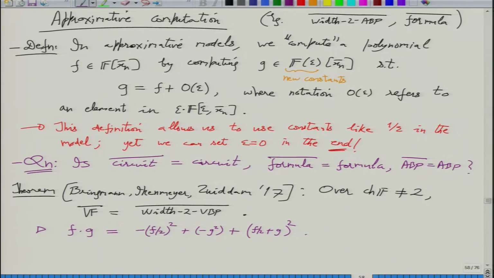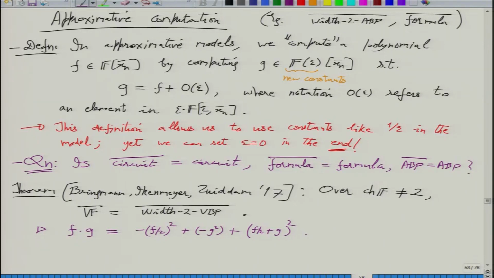So product actually reduces to sum of squares, and nobody here doubts that sum can be expressed with 2 ABP. So assuming that sum is easy, all we have to do is learn how to square, right? So that is all we will, where we will use 1 over epsilon.